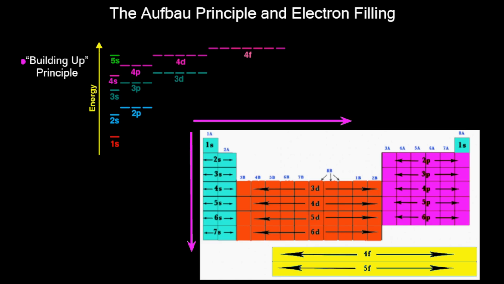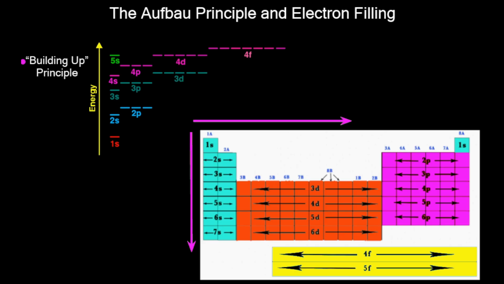The lowest energy orbital for ground state atoms is the 1s orbital, which appears in the top left corner of the periodic table and is occupied by hydrogen's electron. As we move one column to the right across a period, the atomic number increases by 1, meaning each element has one additional proton and one additional electron. As a result, the total number of electrons in an electron configuration increases by 1.